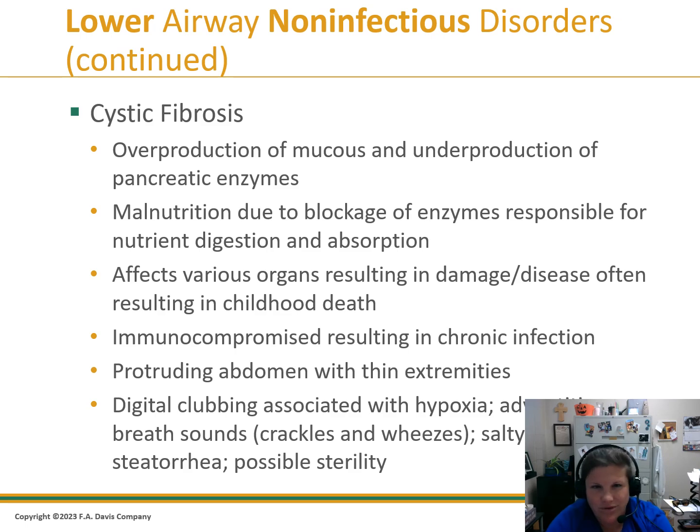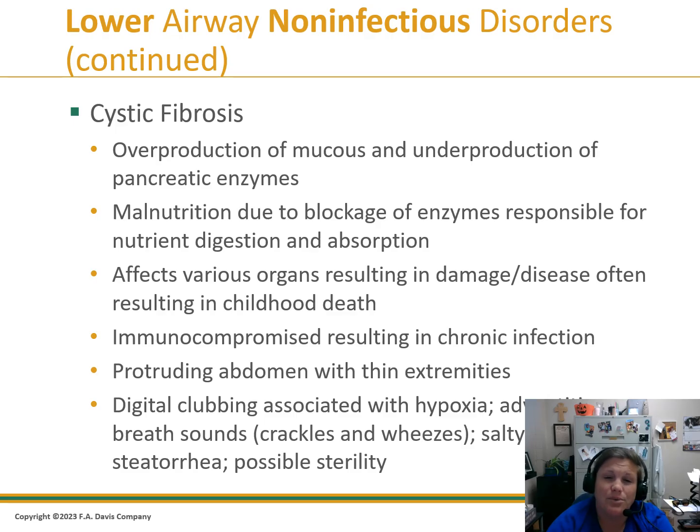I don't recall to what degree I lectured this information, but just know that cystic fibrosis affects both systems, so it shows up in both chapters. And we're talking about it and testing on it from both perspectives, the respiratory side and the gastrointestinal side.